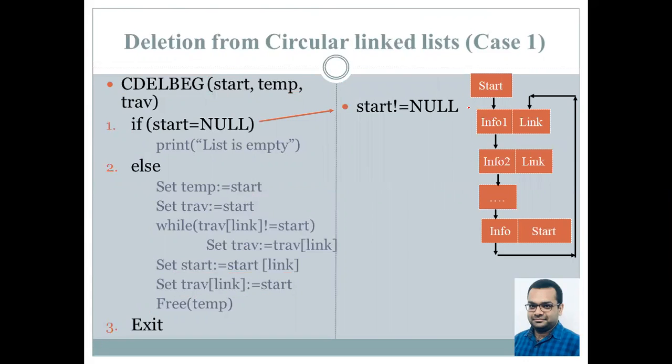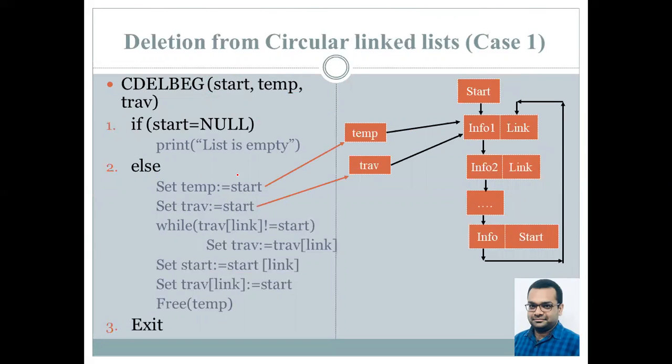So let's say we are given this linked list. Start value is clearly not null, so this statement will not be executed. Now the control jumps to the else part. Now temp and traversal both are initialized to the start, that is the address of the first node, the node with the value info1.